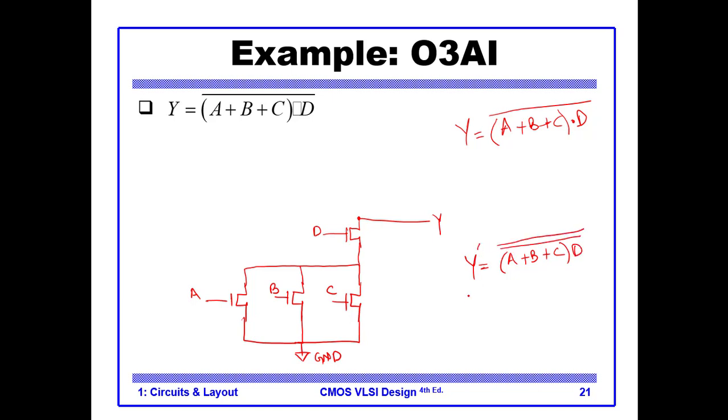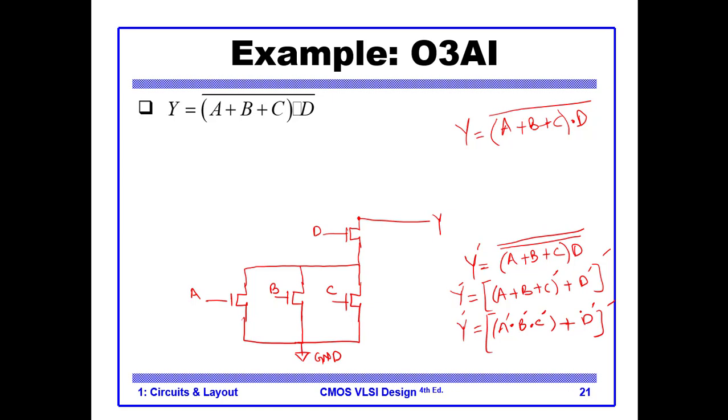So this is our Y bar, which will mean (A plus B plus C) bar plus D bar, and we have this whole bar here, and we will have A bar dot B bar dot C bar plus D bar and the external bar.